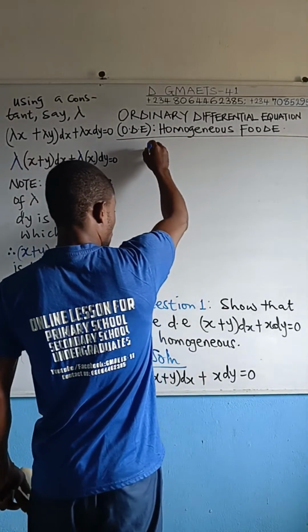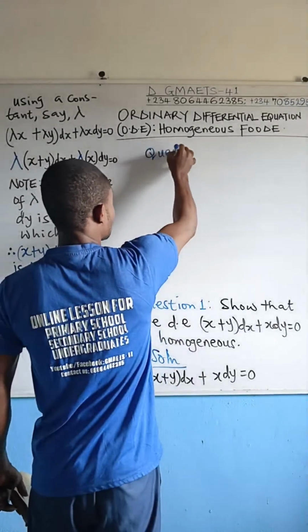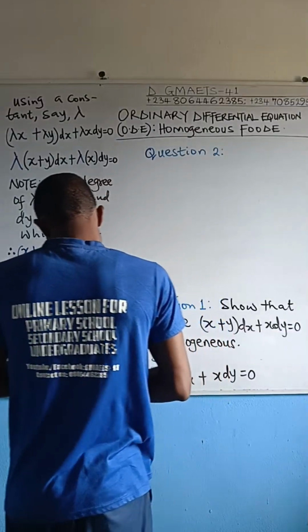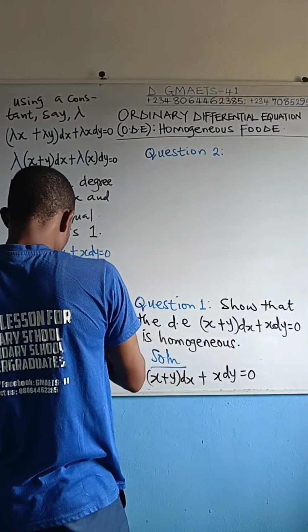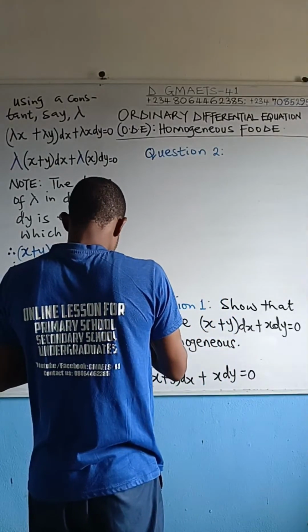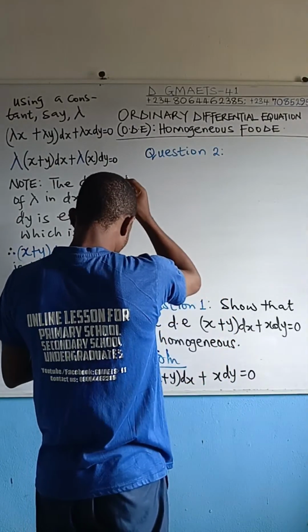We are looking at question number 2. Let us see how we can find out whether this is a homogeneous equation or not. So I have got this.